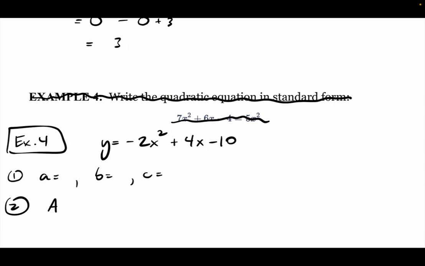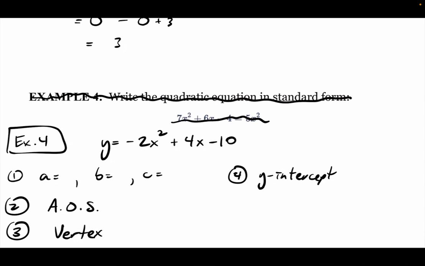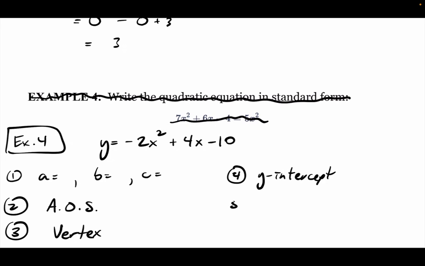Then I want you to tell me what the axis of symmetry is. Then what's the vertex? Y-intercept. And then I want you to tell me, does it have a maximum or minimum, and where is it?